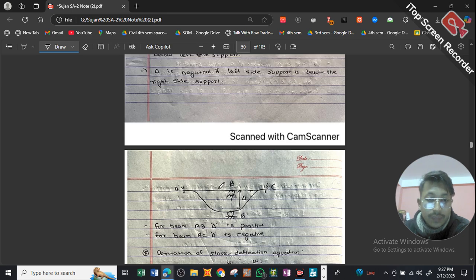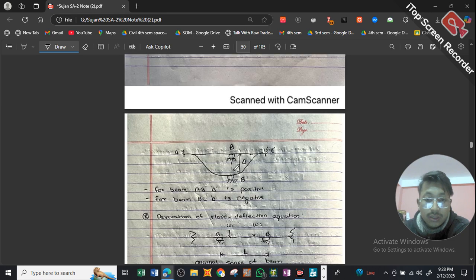So let's see, we have an example of a beam over here, and we have a scenario such that B has deflected downward to position B dash. We have our deflection at B. So we have our two sections, section AB and section BC. For section AB, this delta will be taken as positive.